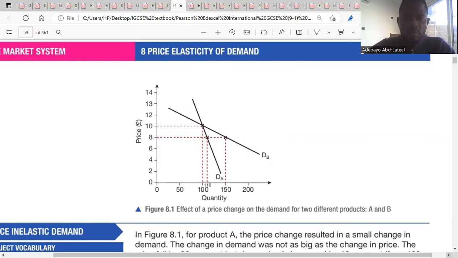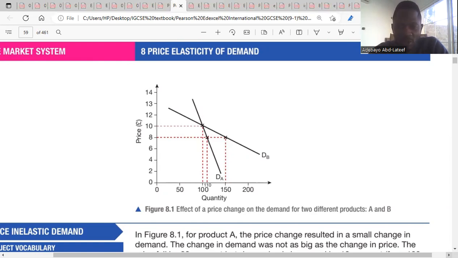Based on product A, there's just a slight difference in the quantity demanded as a result of a change in price from 8 to 10. For product B, there's a significant change in the quantity demanded as a result of the change in price. Do you see the arrow going down?